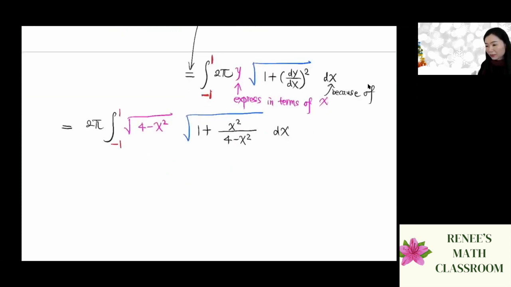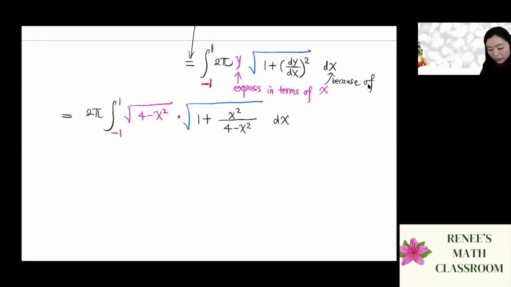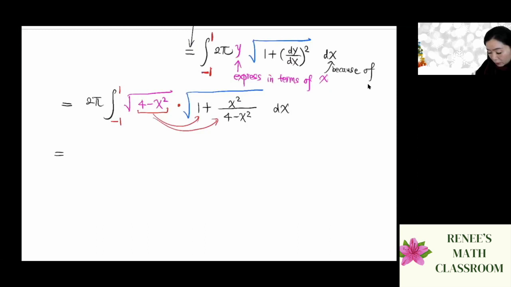Now, what should I do? What do you think? Do you notice that there's 4 minus x squared here and 4 minus x squared here, and both of them are square roots, and this is multiplication? So you can take this and distribute over here. So this will be 2 pi.